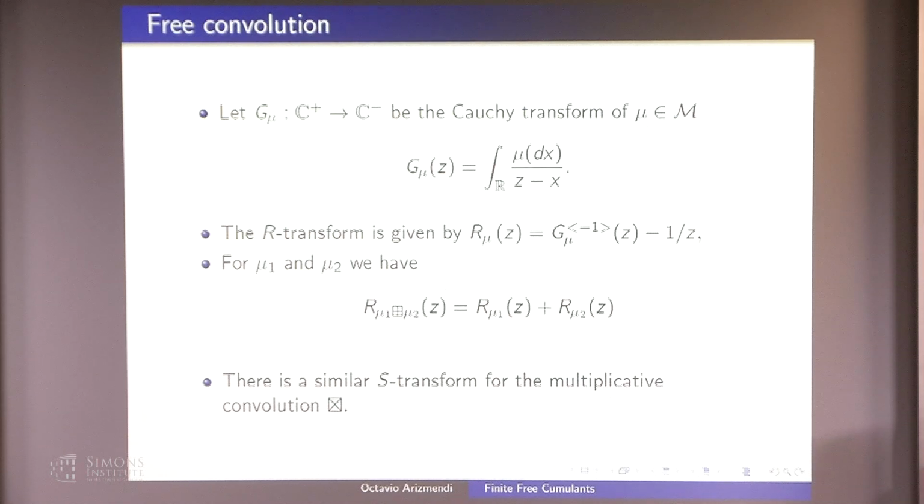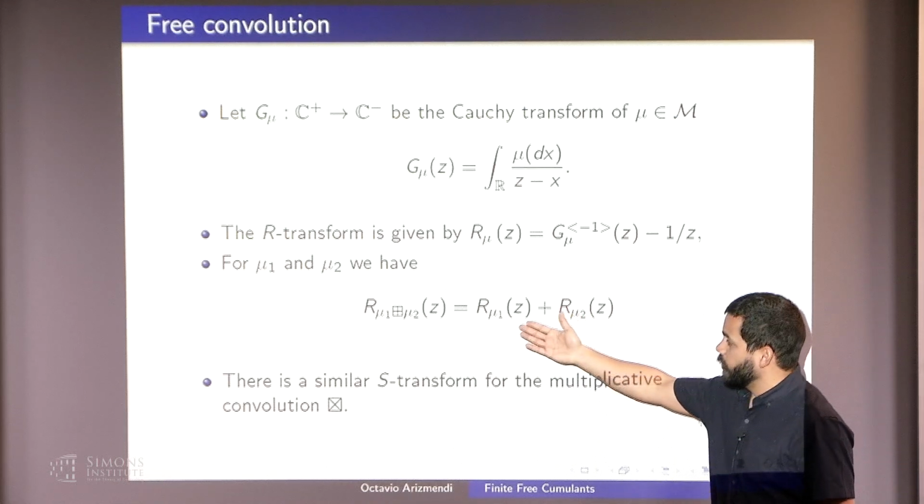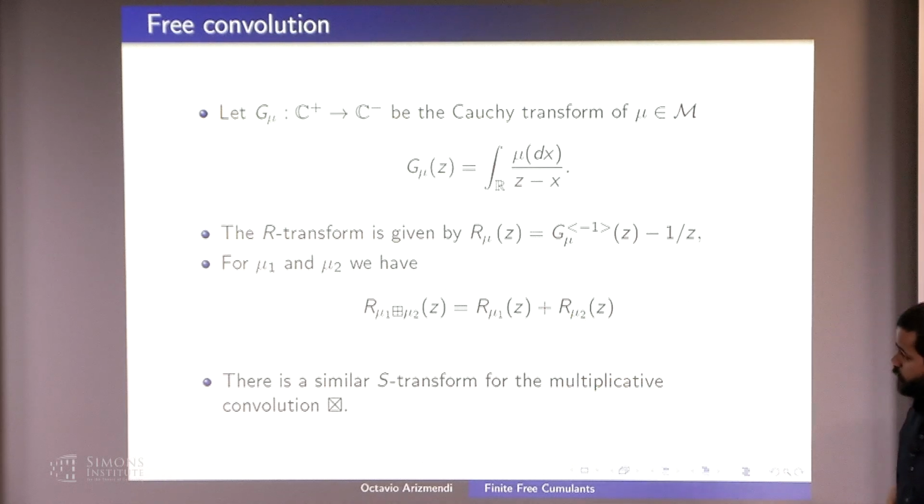So we want numbers which have the same information as the moments, but that somehow behave nicely with respect to addition of random variables.